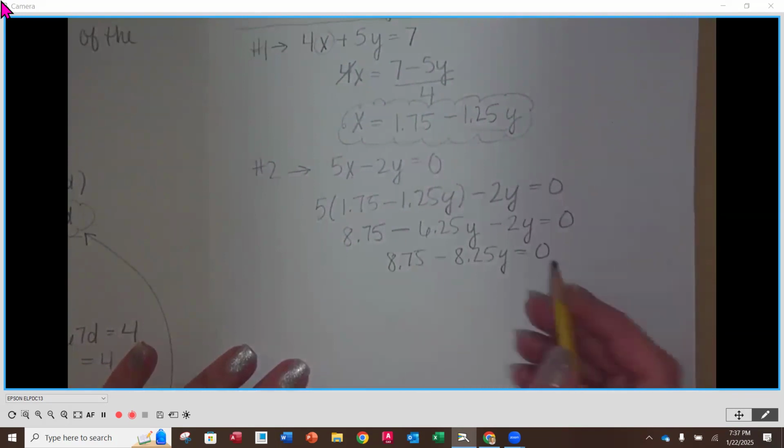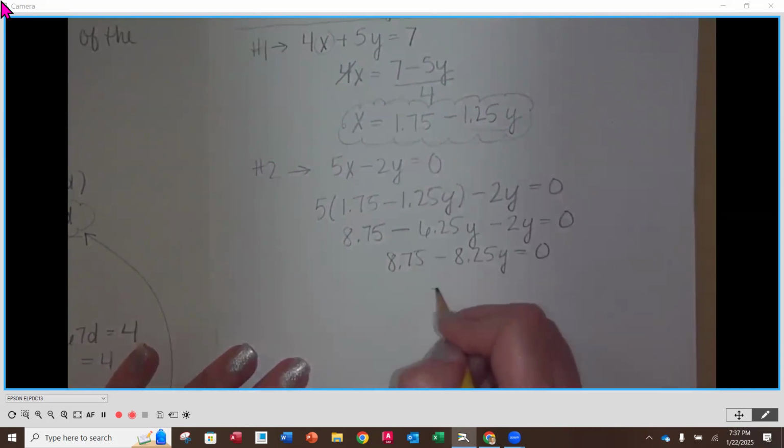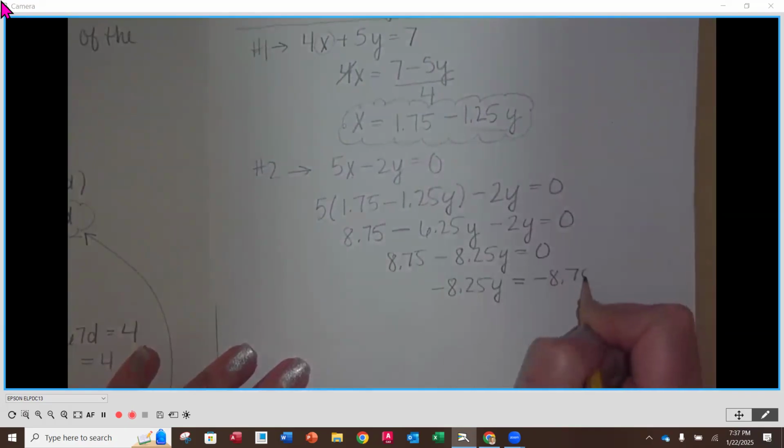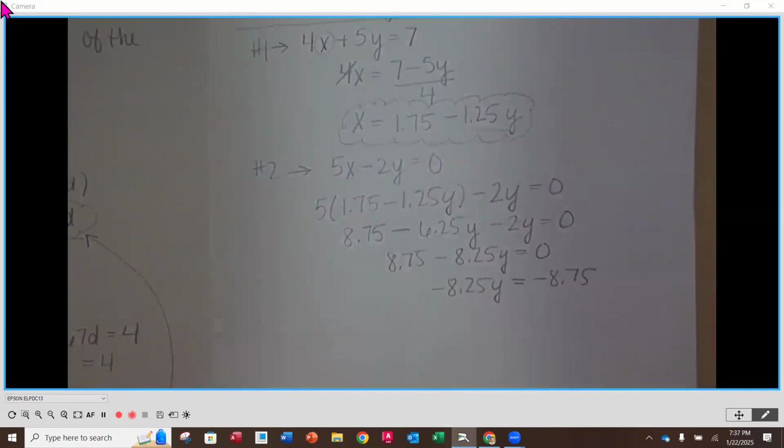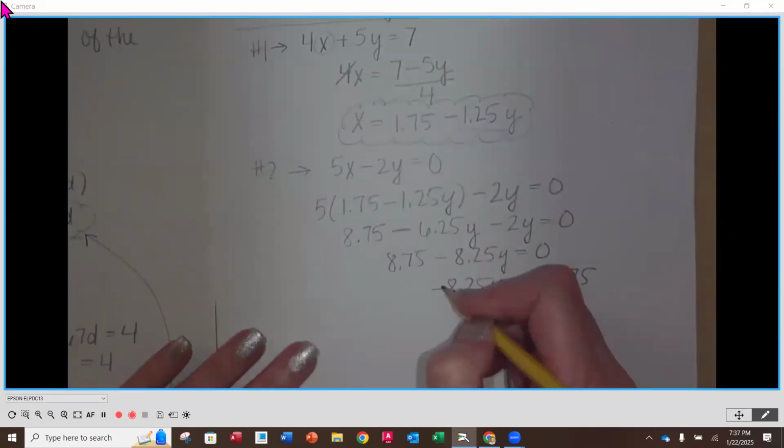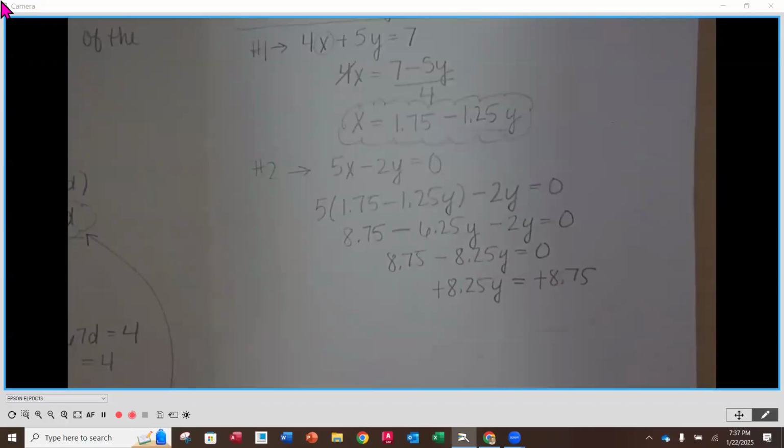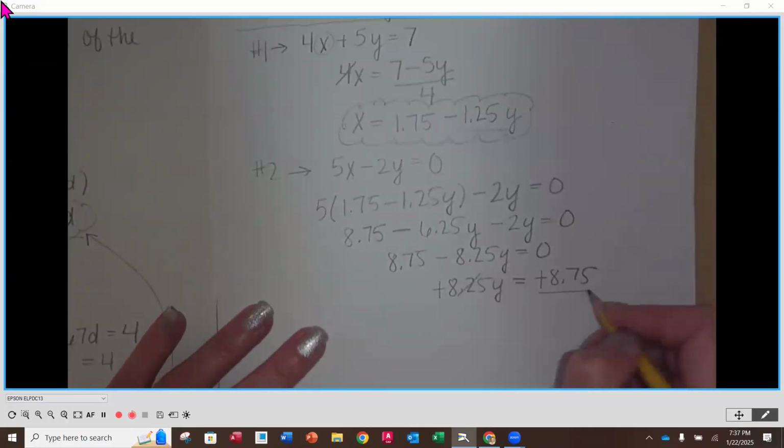I'm going to move the 8.75 to the other side. So negative 8.25y is equal to negative 8.75. I've got 2 negatives on either side of the equal sign. They both become positive. And then I'm going to divide both sides by the 8.25.